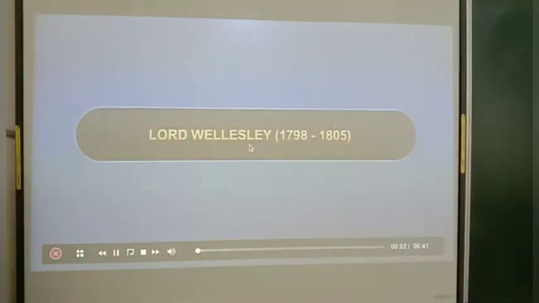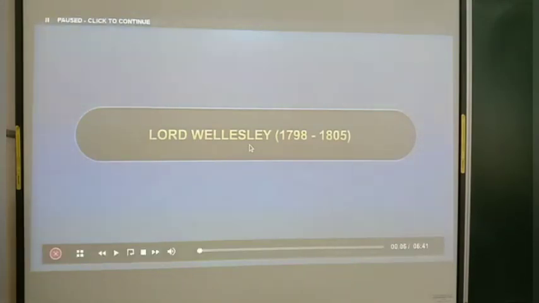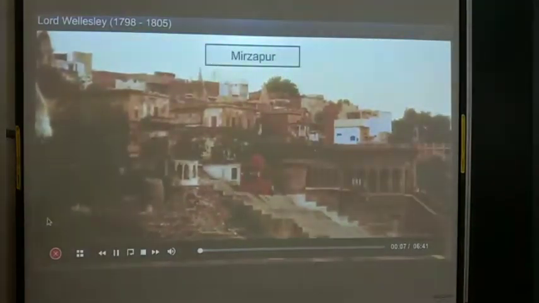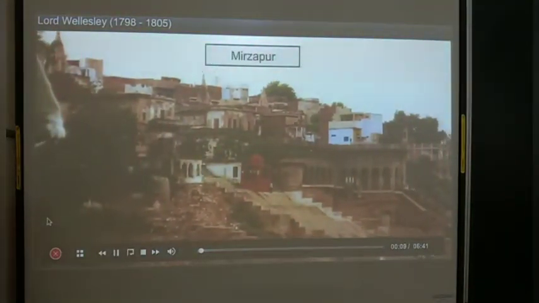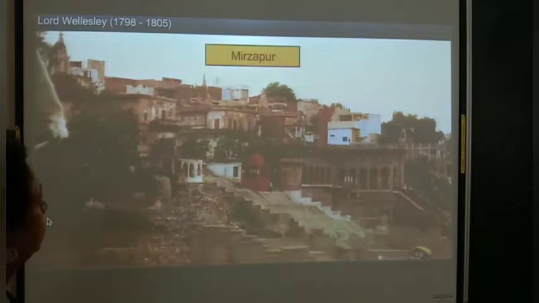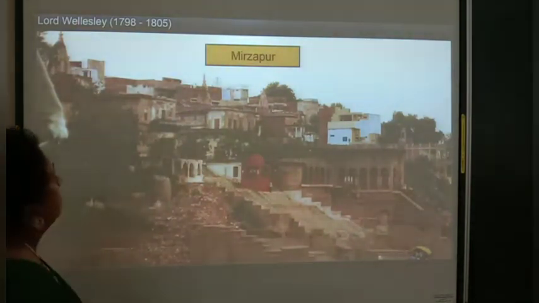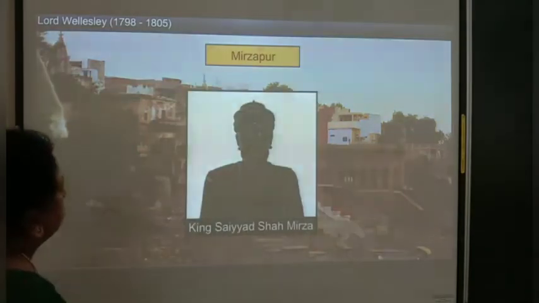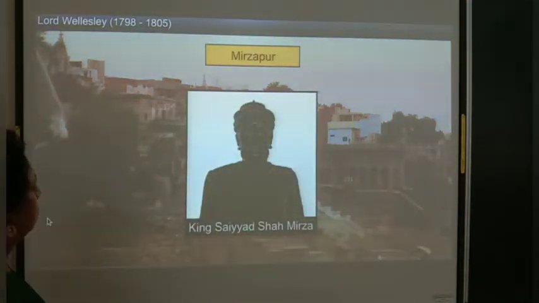In this module, you will learn about Lord Wellesley. This is the city of Mirzapur. It was named so by the British after they captured the region from King Syed Shah Mirza.